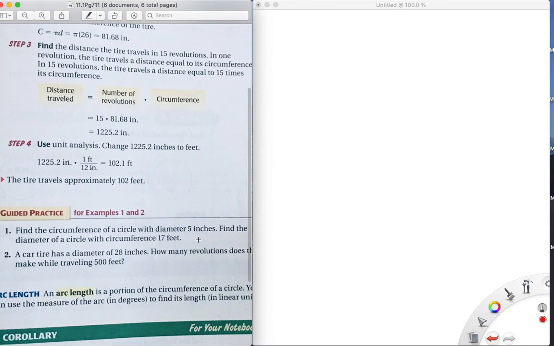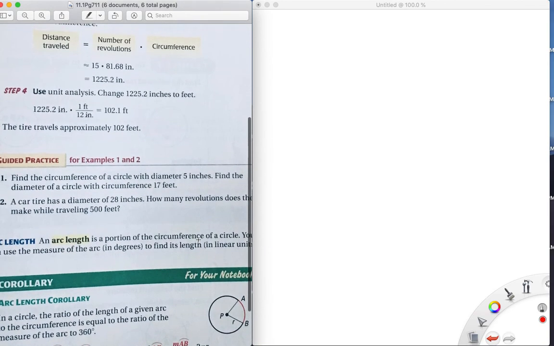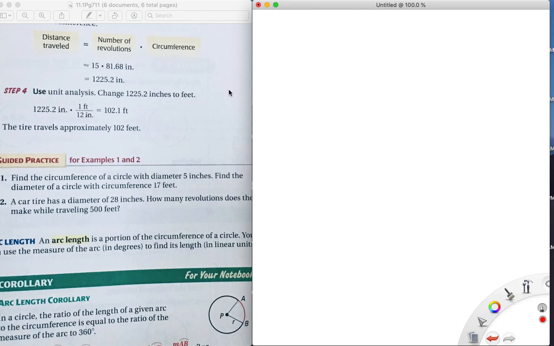Questions number 1 and 2. So the first question, they say to find the circumference of the circle with the diameter of 5 inches. So since they give me the diameter, that tells me I'm going to use the first of the two equations. Circumference is equal to pi d.